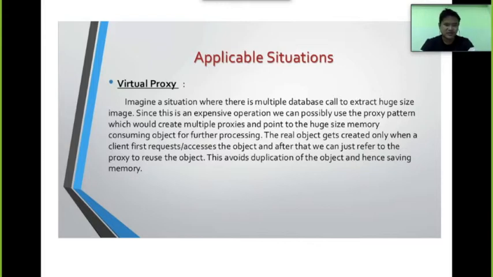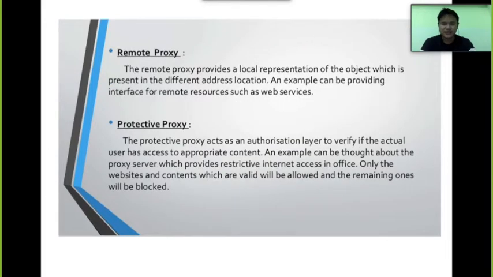The real object gets created only when the client first requests and accesses the object, and after that we can refer to the proxy to reuse the object. This avoids duplication of the object and also saves memory. So this is about the virtual proxy design pattern.